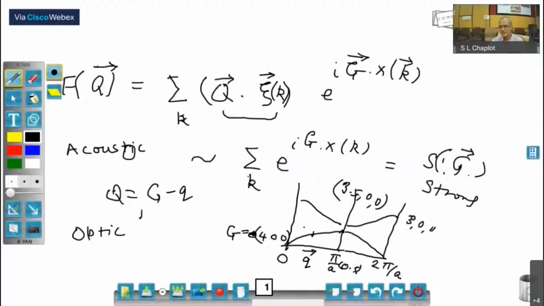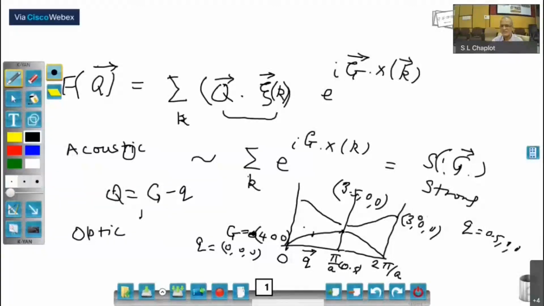Now I don't know whether you fully understand this part, but at q equal to 0, my G is 400 and Q is 400. At the zone boundary, my G is still 400 and q is 0.500.